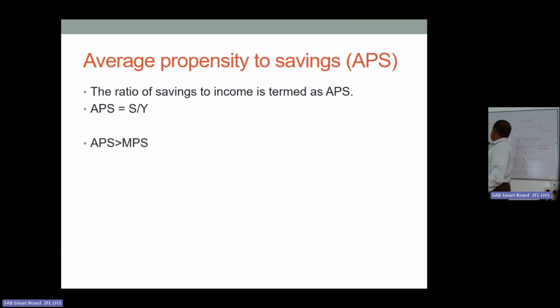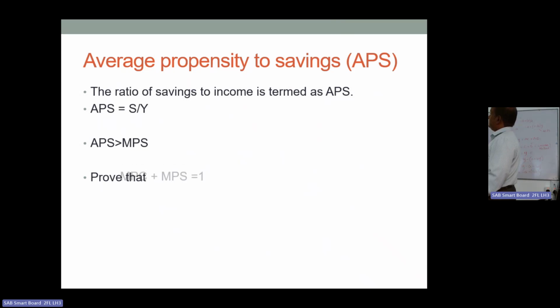Based on the saving function, we can derive the average propensity to save, and by substitution into the saving function you can identify that APS is higher than MPS, so we can prove that following the same thing.